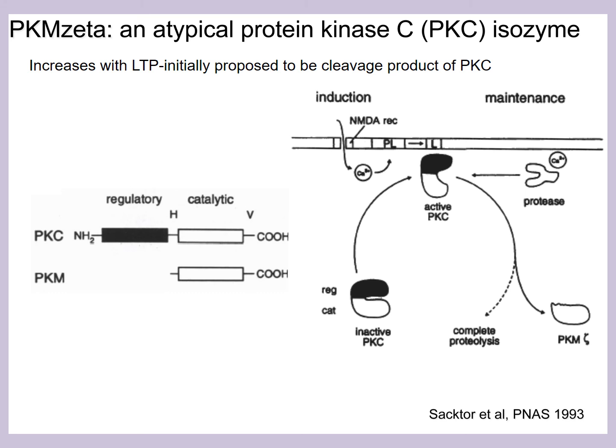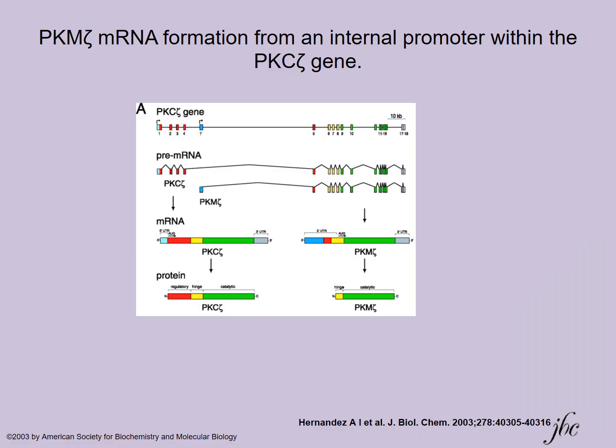What we know now is that there is no cleavage, but actually there is a change in the formation from an internal promoter, so it's actually through gene expression. Now we will use an alternative internal promoter within the PKC zeta gene to make PKM zeta, and that is a form again of learning that will allow PKM zeta activity, PKC activity, to be maintained despite the end of the signaling.